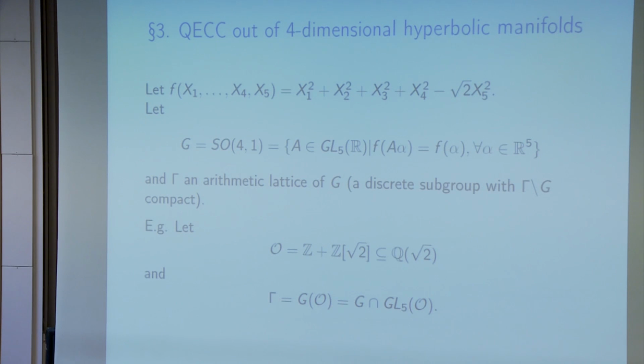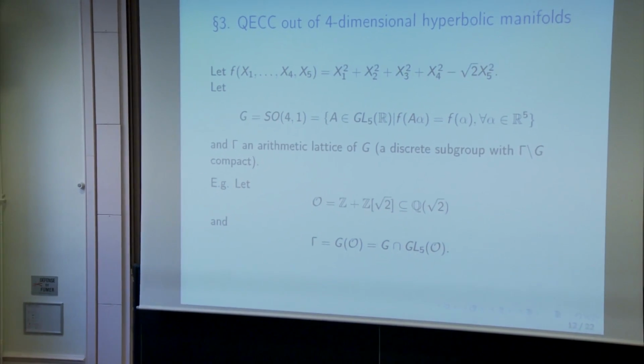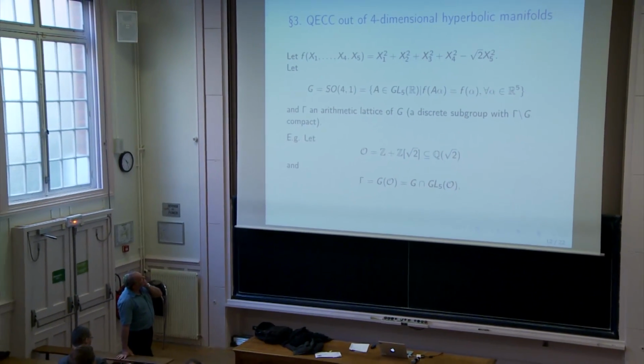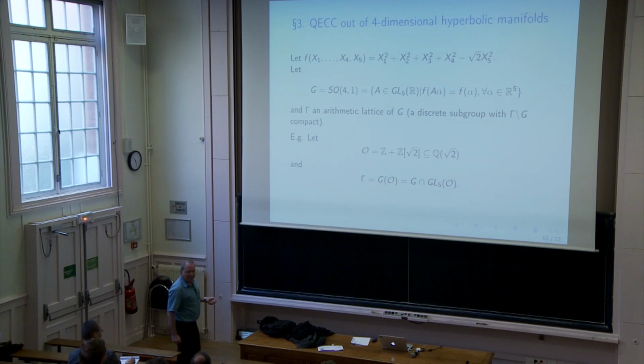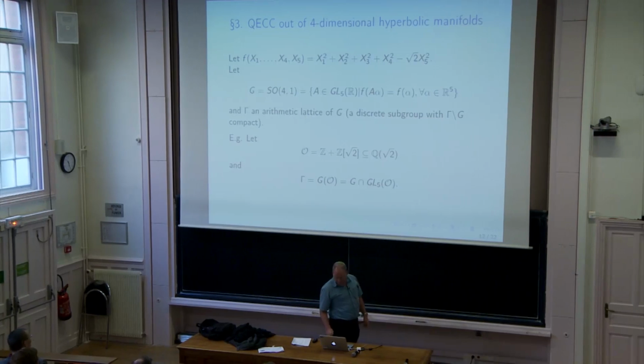If you take the ring of integers inside Q of square root of 2, then it's well known, this is one of the standard examples of arithmetic lattices in SO(4,1), that you get a co-compact lattice, a discrete subgroup, which is co-compact in SO(4,1).